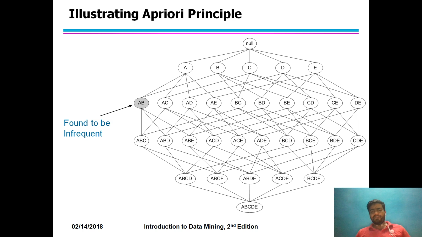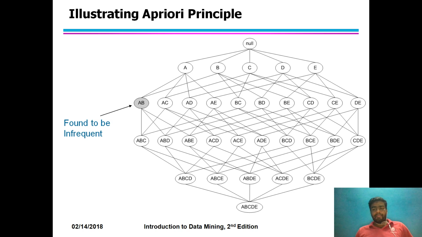In the previous example we have seen A combined with B, AB, AC, AD, AE, BC, BD, then CD. Similarly, combining AB with AC, you will get ABC, ABD, ABE, ACD, and so on. Then ABCD, ABCE, ABDE, ACDE, BCDE, and ABCDE.